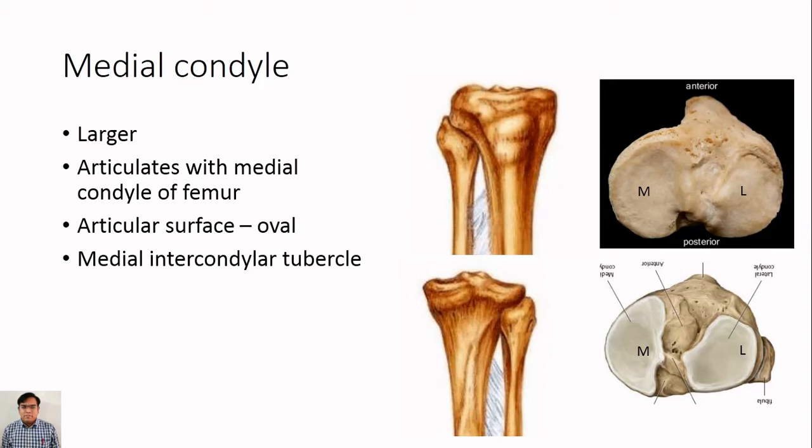Now the medial condyle is having medial intercondylar tubercle here. This is medial intercondylar tubercle, and one groove is present on posterior aspect, this one. So these are the features of medial condyle.